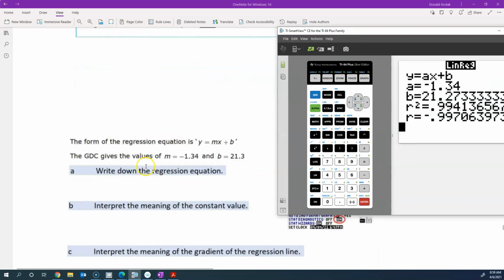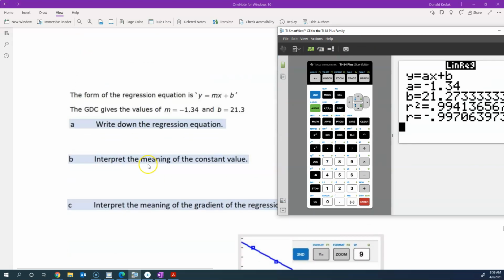Now, to get our regression equation, y equals 3.14x, and b is 21.3 if we round it at 3 sig figs.